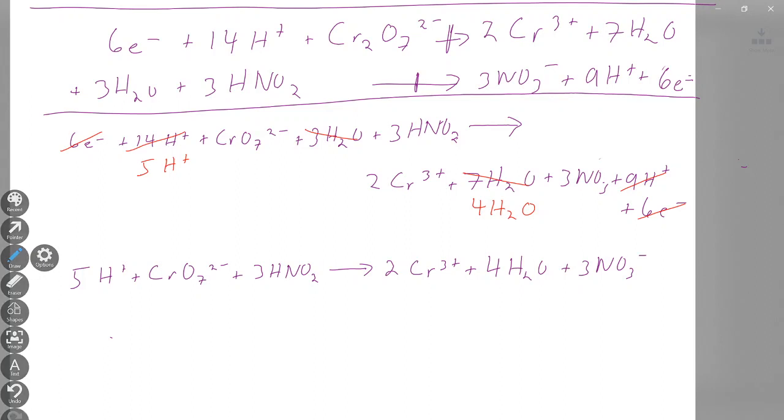Okay, then our last step, we need to make sure that our mass is balanced, and that our charges are balanced on both sides.